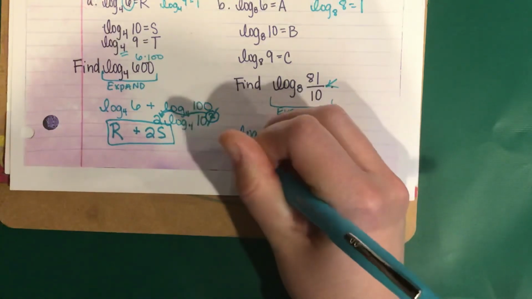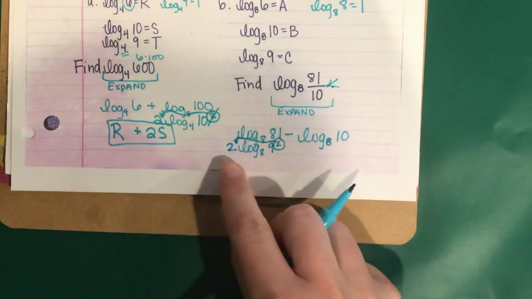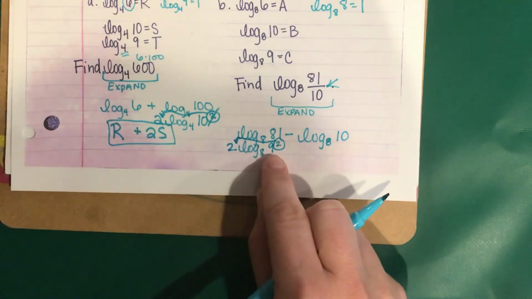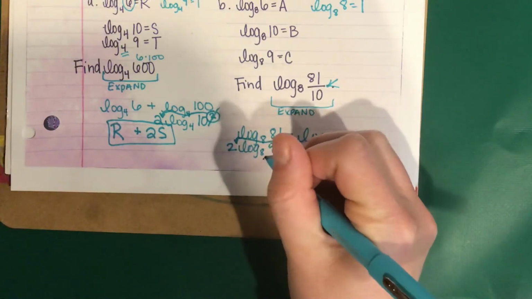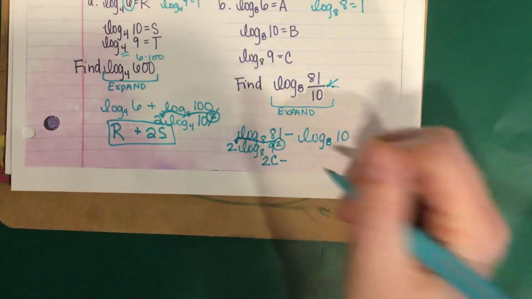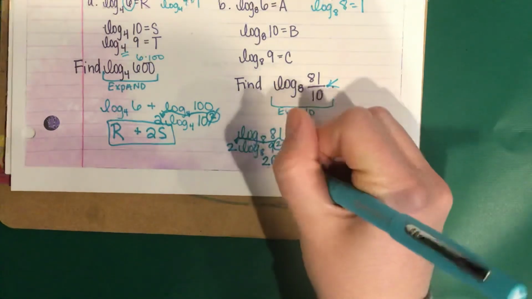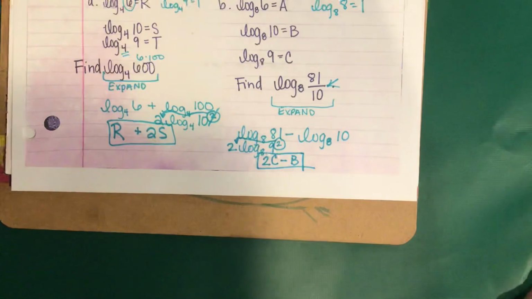But that 2 comes to the front. And so now I have 2 log base 8 of 9. Well, log base 8 of 9 is c. So now I have 2c minus, what's that one? B. And so that is your answer for this one.